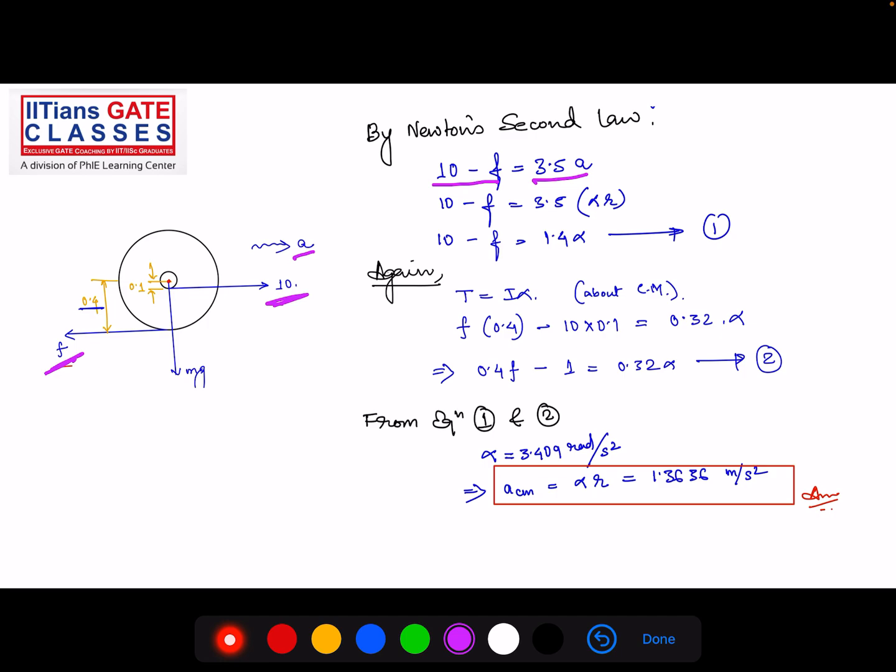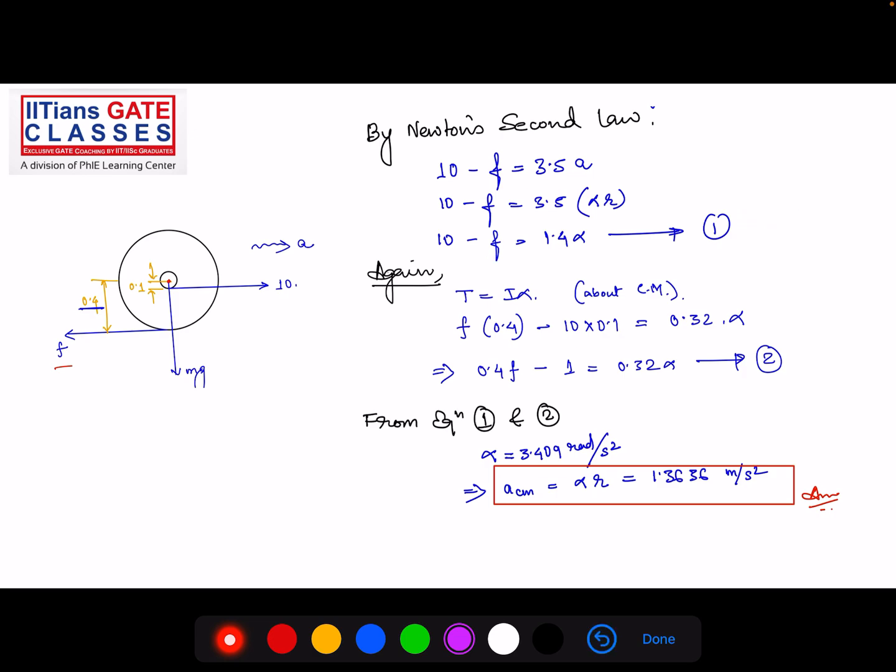For rotation, we can rewrite acceleration A as alpha r. What is r? R is 0.4. So this equation becomes 10 minus F is equal to 1.4 alpha. Let me say this is equation number 1.